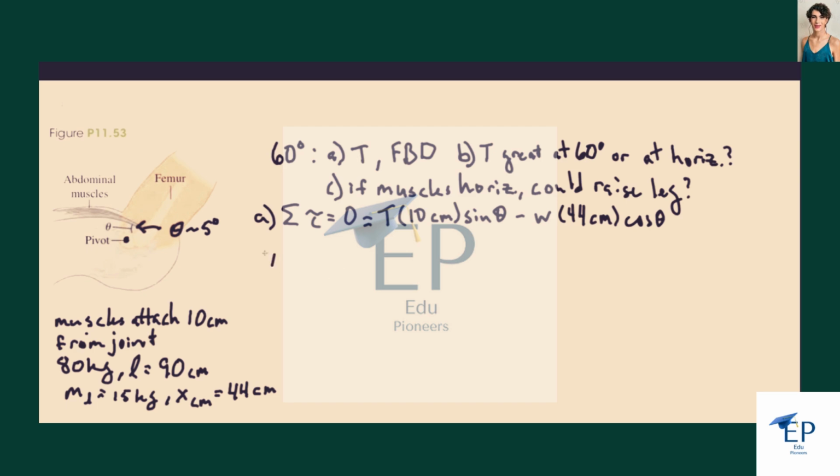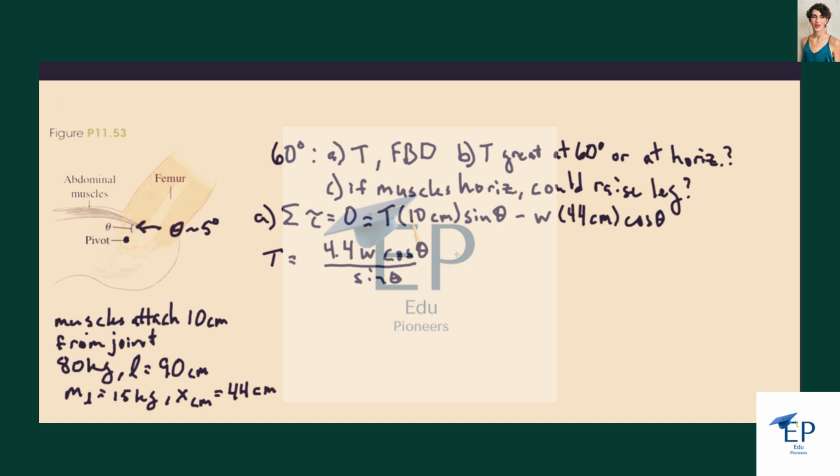and so then the tension, if we solve this, is going to be 4.4 times the weight of the leg times the cosine of theta divided by the sine of theta, so 4.4 times the weight times the cotangent of theta.